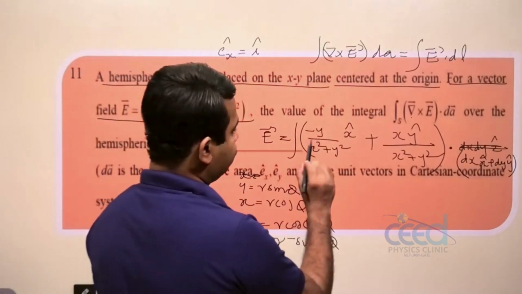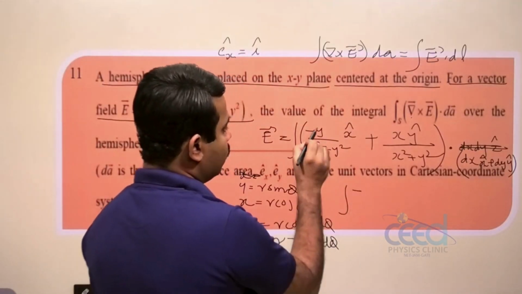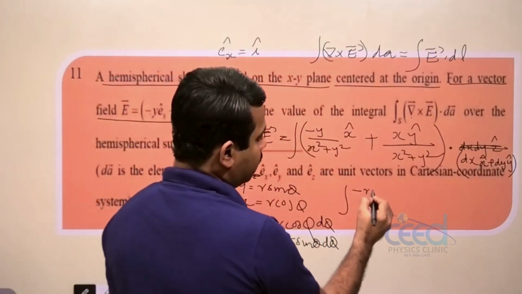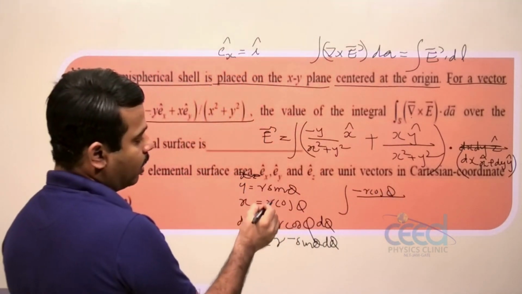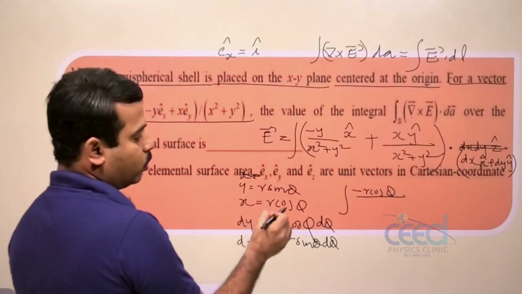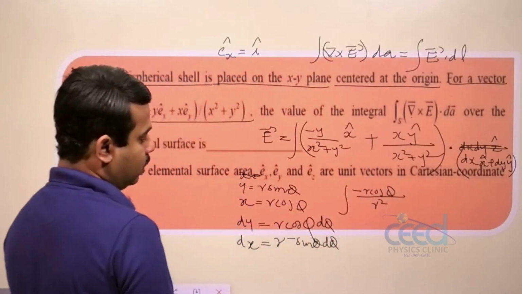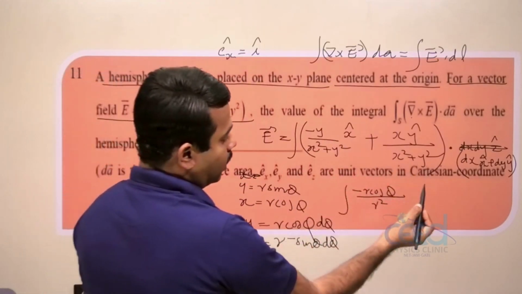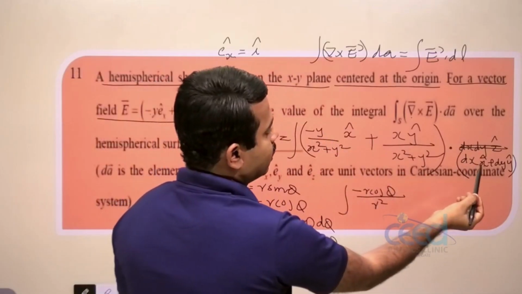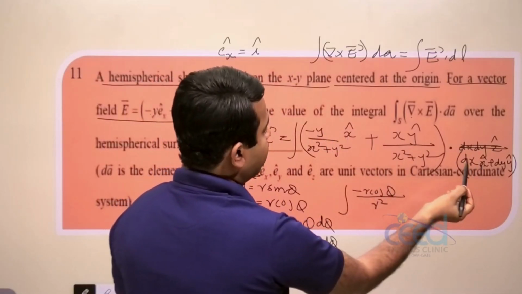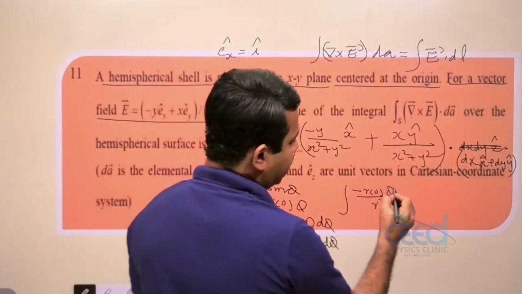Now substitute here: the integral of minus y, which is r cos theta, wait, y is r sin theta, over x square plus y square, which is r square times cos square theta plus sin square theta, so r square. Now dx, since x cap dot x cap is 1, gives minus r sin theta d theta.